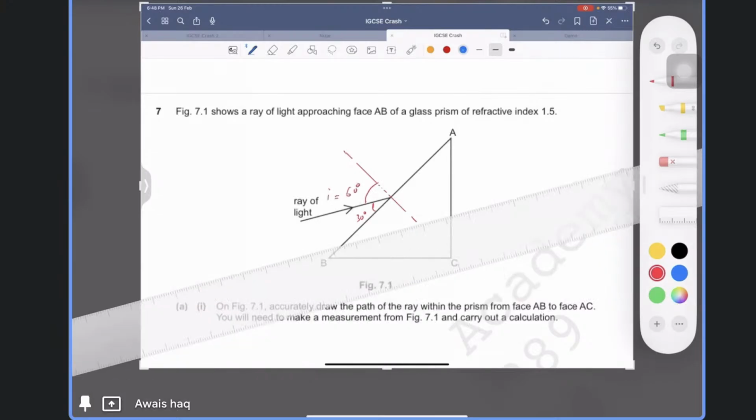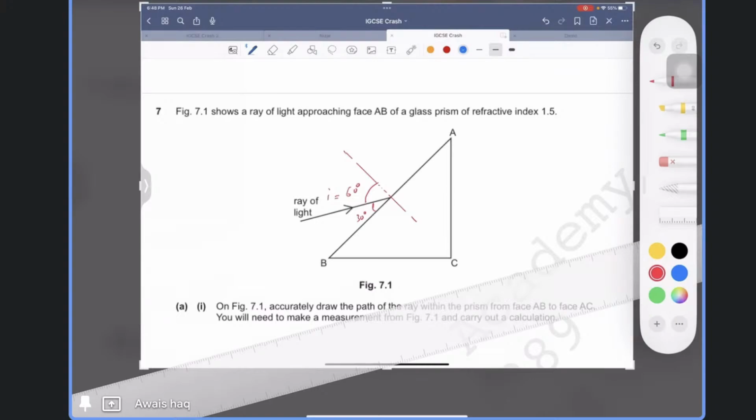Now because I got angle I, I want to find angle R, and because it's going from less dense to more dense, I can use sine I over sine R equals n. Sine I is 60, sine R is R, and n is 1.5. Can you find R, please?